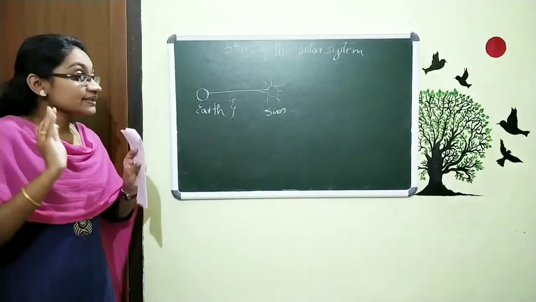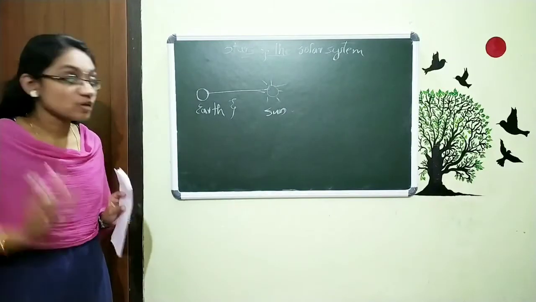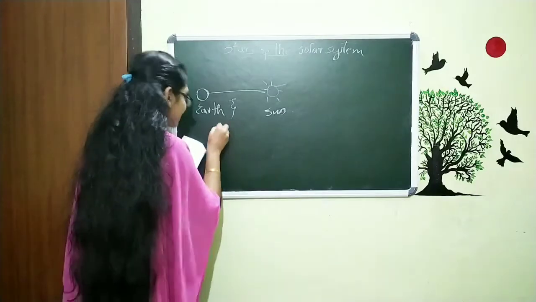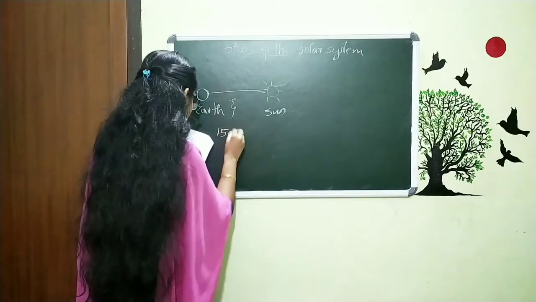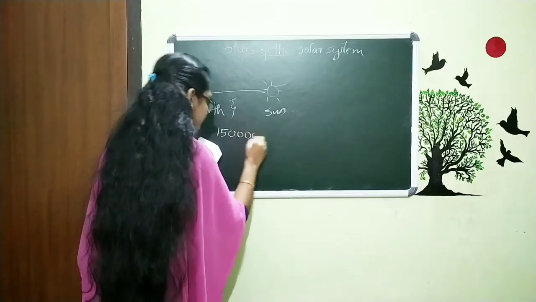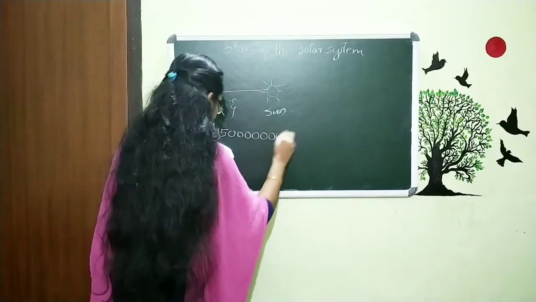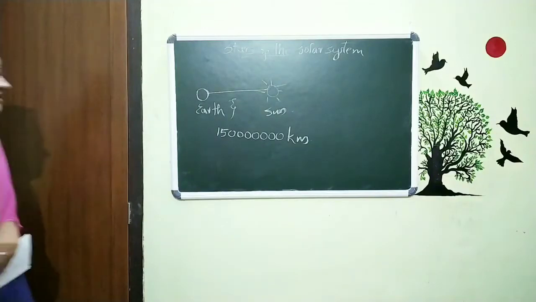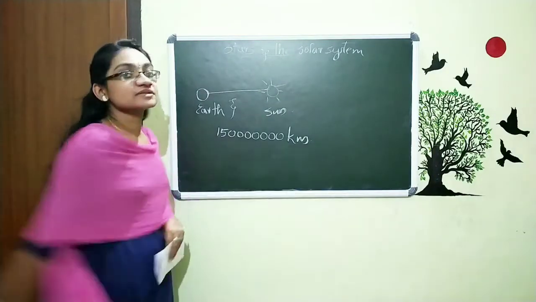It is a large quantity when we are talking in kilometers. Actually, the distance is this much kilometer, that means 15 and 7 zeros.